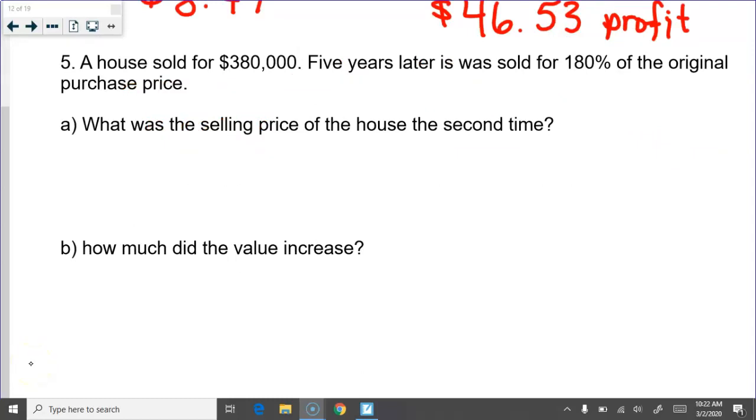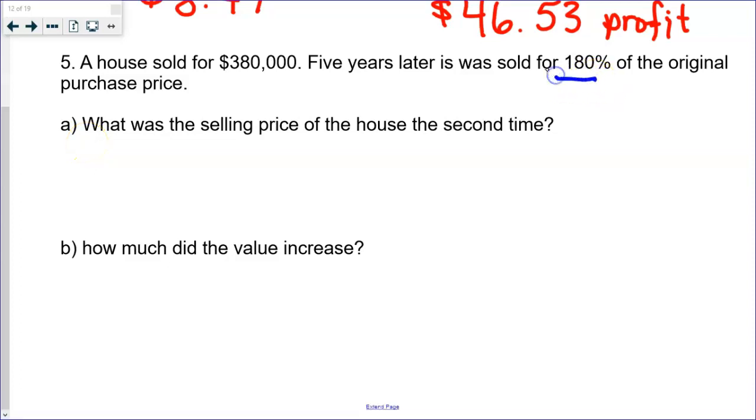Okay, let's look at a house sale problem. So a house sold for $380,000. People lived in it, and 5 years later, they sold it for 180% of the original purchase price. Okay, so now we're taking 180%, so we're going to switch that into a decimal, right? So divide by 100 will give us 1.8.